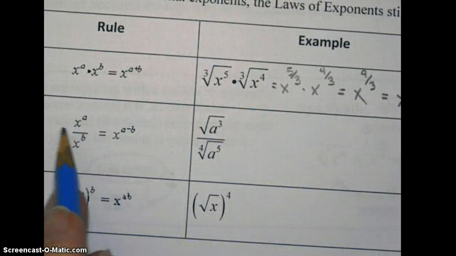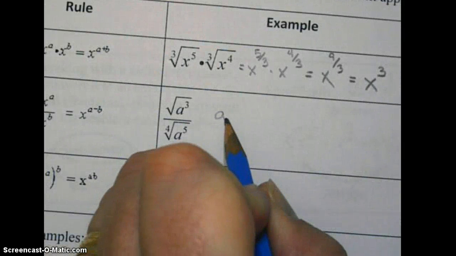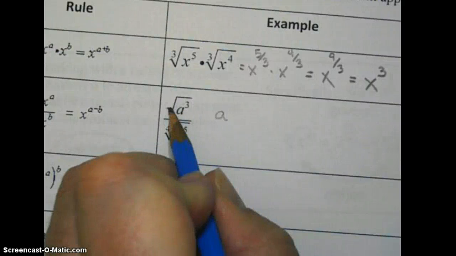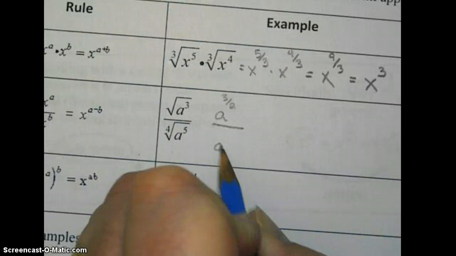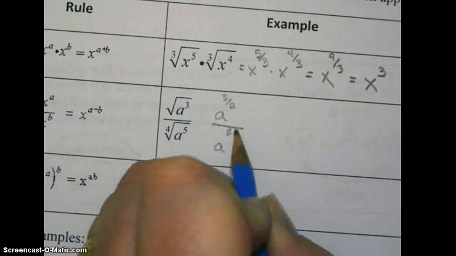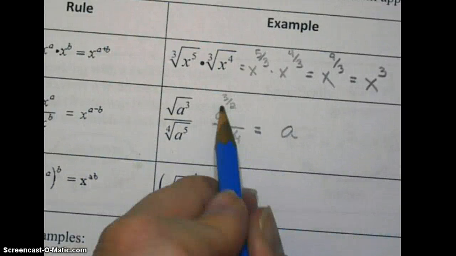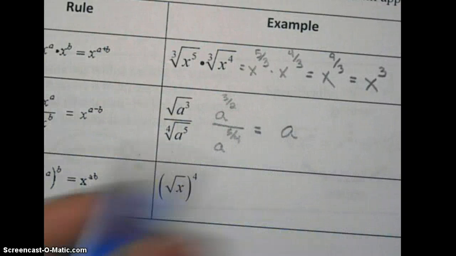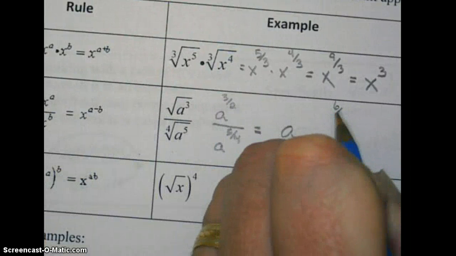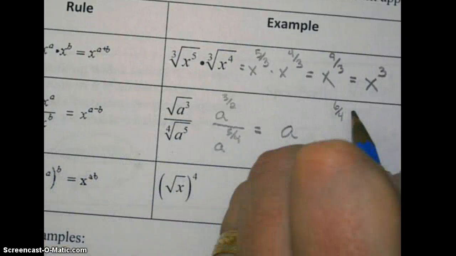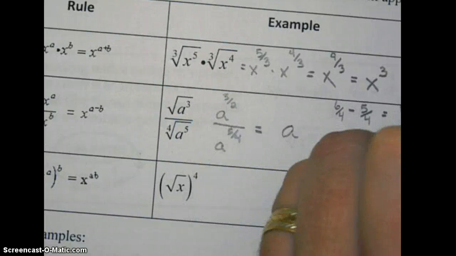Okay, now we're going to use the rule where we subtract. When dividing like bases, you subtract. We get a to the 3/2 over a to the 5/4. Okay, subtracting, we get a to the 3/2 minus 5/4. 3/2, we can change that to 6/4 minus 5/4 equals 1/4.